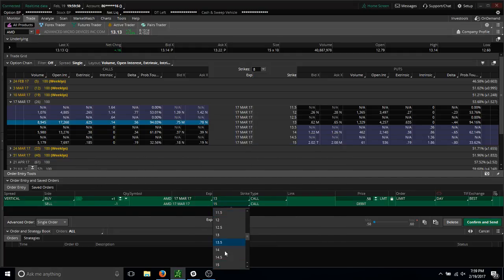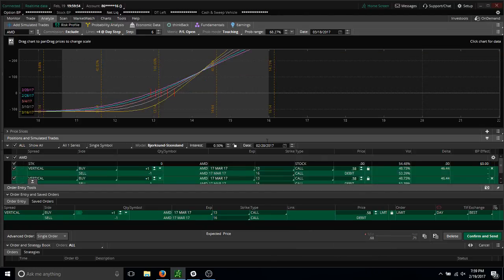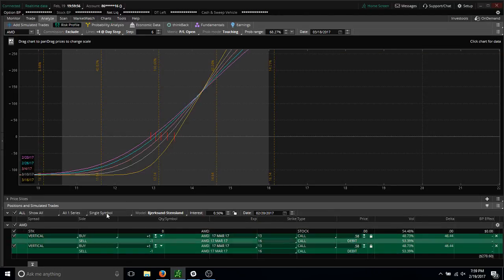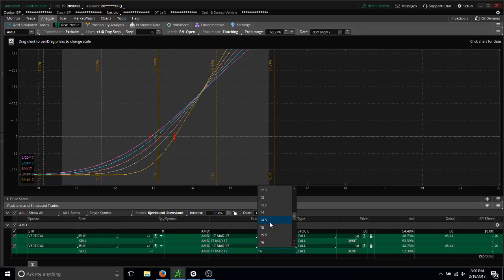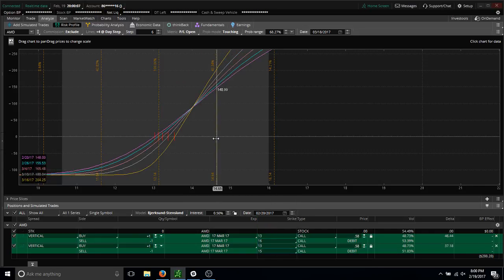There we go. Analyze trade. So yeah, we can see both of these now, and we'll change one of these to, sorry, going the wrong way here, 15.